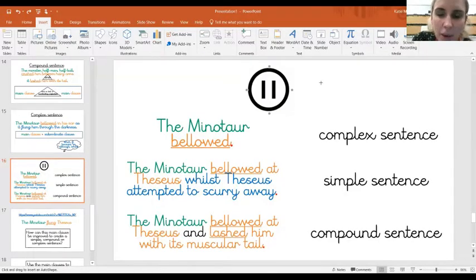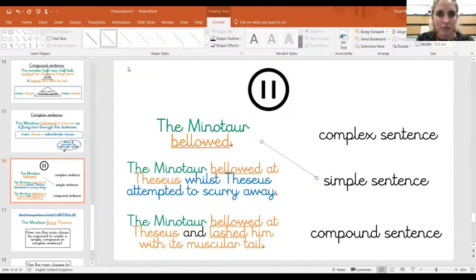Okay, let's see. Our first sentence, the Minotaur bellowed. What type of sentence is that? I can see my subject, the Minotaur, and my predicate, bellowed. This must be a simple sentence. I'm going to join them there.